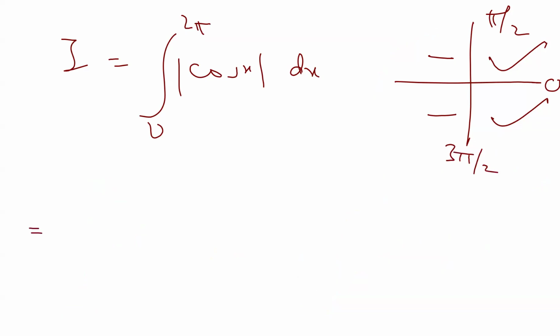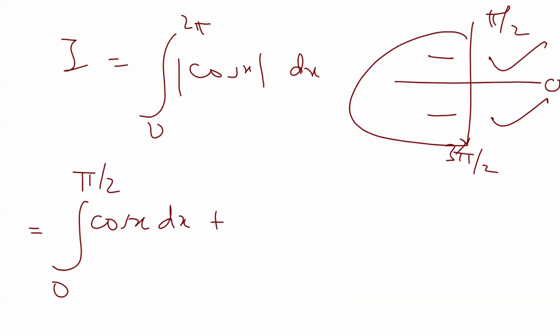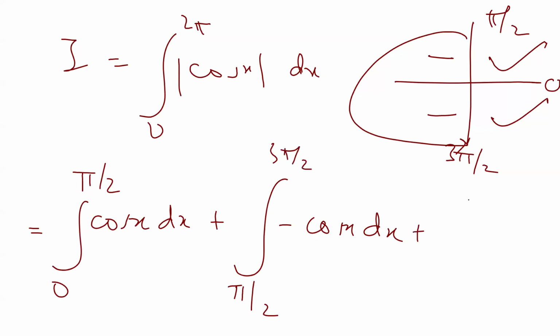For simplicity's sake, I'm taking this. So this is the first quadrant, 0 to pi by 2. Cos is going to be positive. Okay, from pi by 2 to 3 pi by 2, cos is going to be negative. This is pi by 2 and this is 3 pi by 2. And again in the fourth quadrant, from 3 pi by 2 to 2 pi, cos is going to be positive.